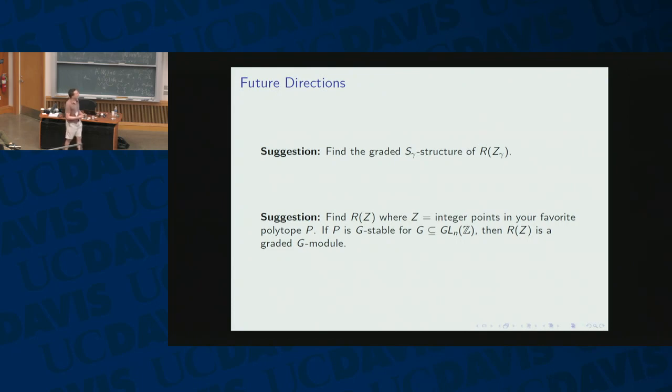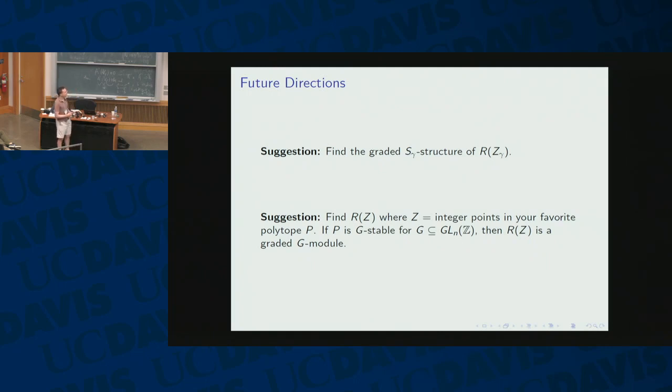So a couple of suggestions. You might want to actually determine the graded S_lambda structure, or the graded S_gamma structure, sorry, of this ring RZ gamma. Right? In particular, this would sort of extend the area grading on parking functions.